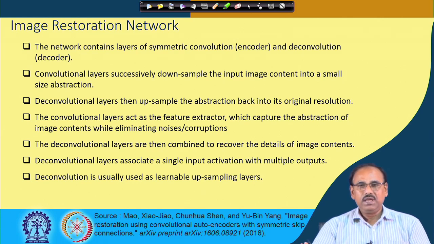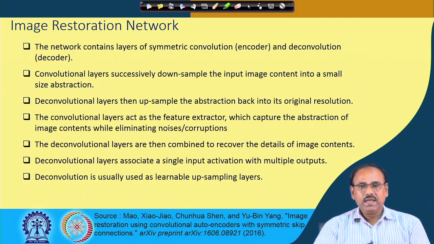And the deconvolution tries to upsample this abstract information collected by the convolution layers, so that this information is restored back to its original resolution. So, the operation of the convolution layer and the operation of the deconvolution layer are just opposite.